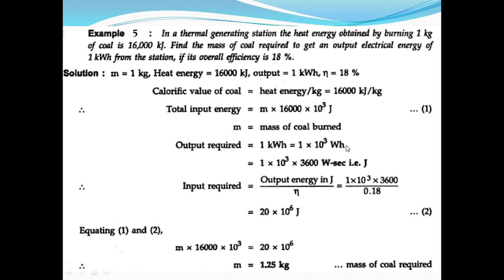So you convert this into joules by using the relation that 1 kilowatt hour is equal to 36 into 10 raised to 5 joules. So input energy is equal to output energy in joules divided by efficiency. So here we got the value of input energy. Now put that value in this equation. So the mass of coal required is 1.25 kg.